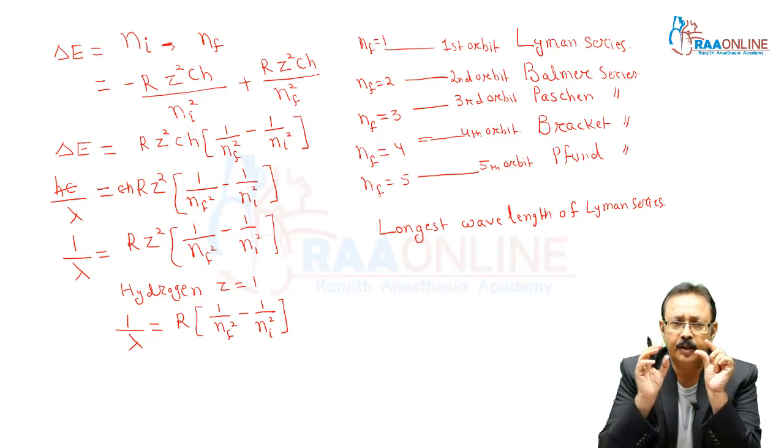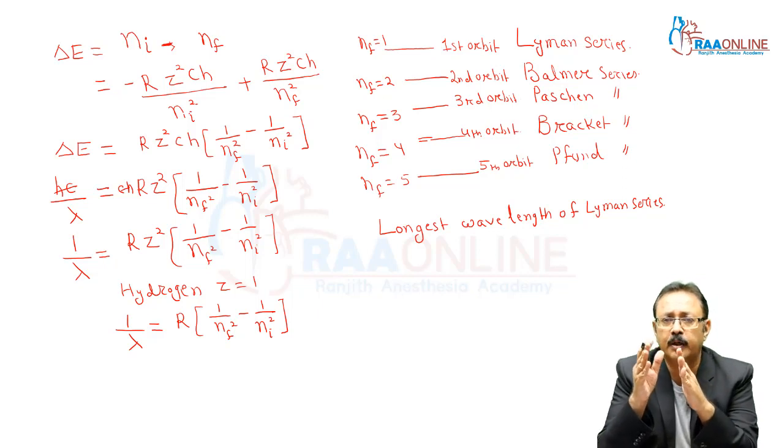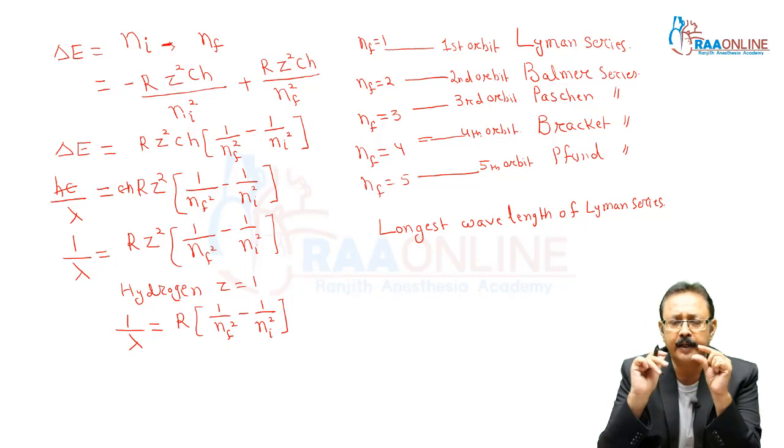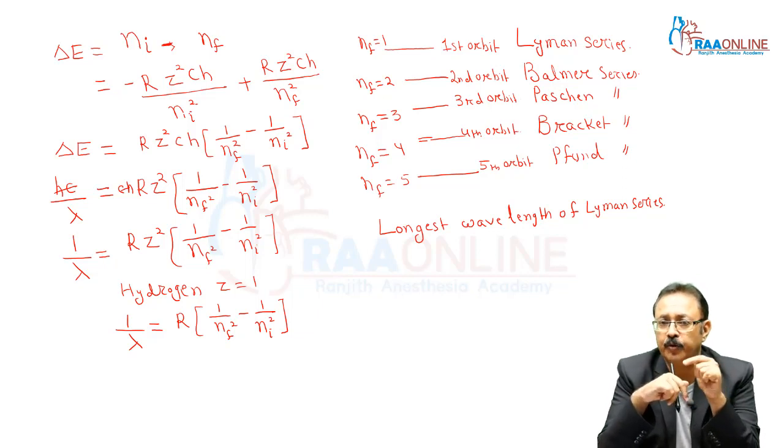the shortest energy, because energy is reciprocal to wavelength. It means the energy difference should be minimum between the two orbits, from where the electron is coming. In the Lyman series, it is coming into the first orbit, so the nearest orbit is the second orbit. It means electrons are coming from the second orbit.